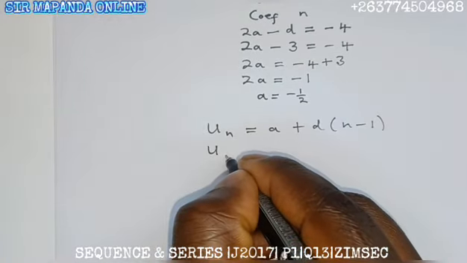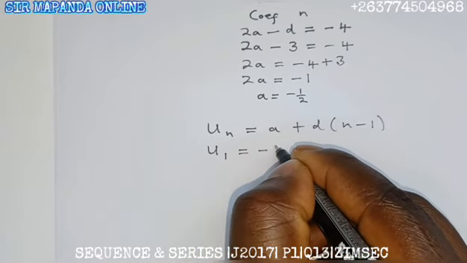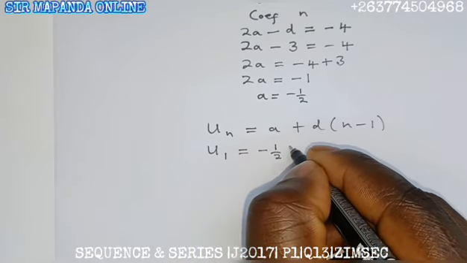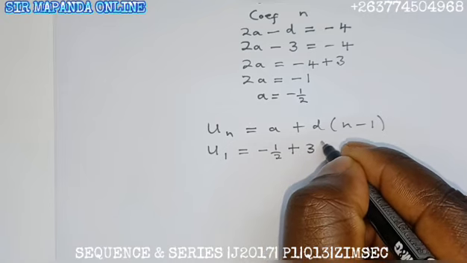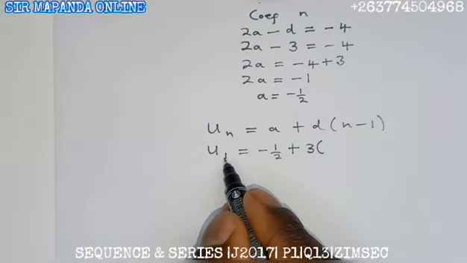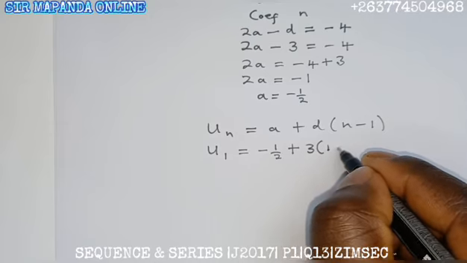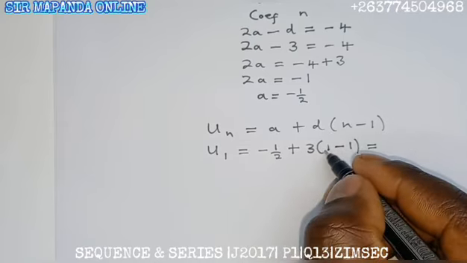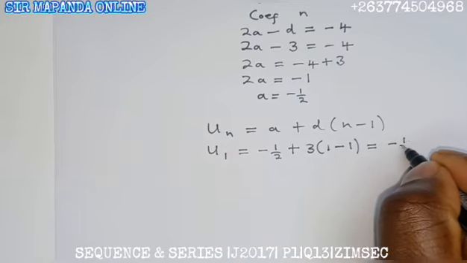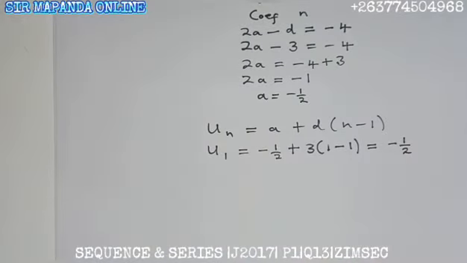So to find u1, you put minus half on a, plus d is 3, open bracket, you put 1 on n, 1 minus 1. Since 1 minus 1 is 0, it means your first term is minus half.